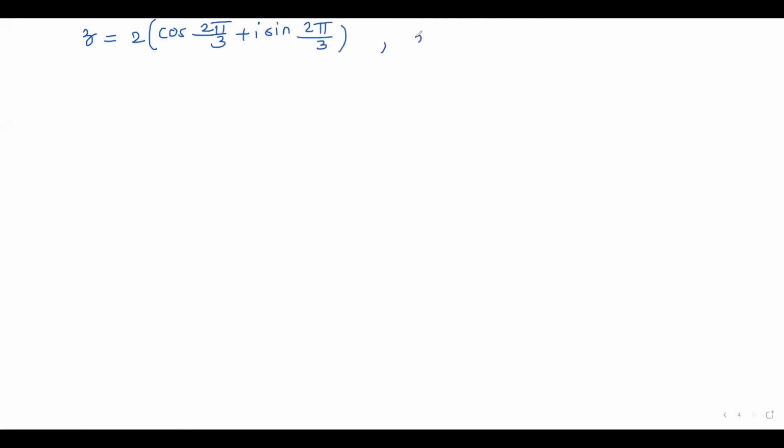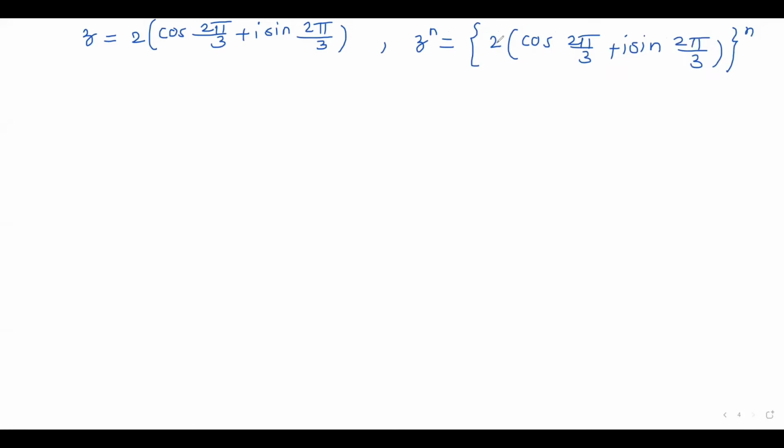So if z is this, then what will be z raised to n? Z raised to n will be 2 raised to n, or you can use the De Moivre's theorem. This will be 2 into cos of 2 pi by 3 plus i into sine of 2 pi by 3, raised to n.